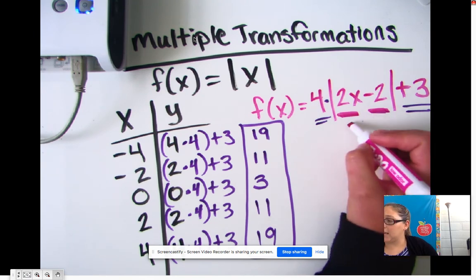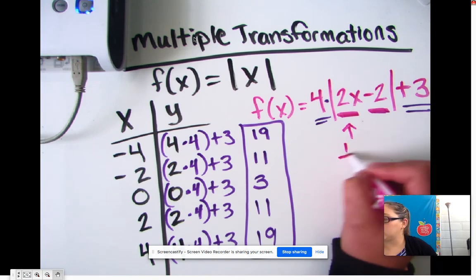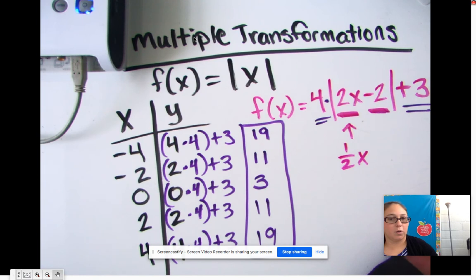So in this case, the x value says 2. Really what that means is I'm going to multiply by a half. So all my x values are going to be multiplied by a half. This says -2. It's going to be opposite. So we're actually going to be adding 2.